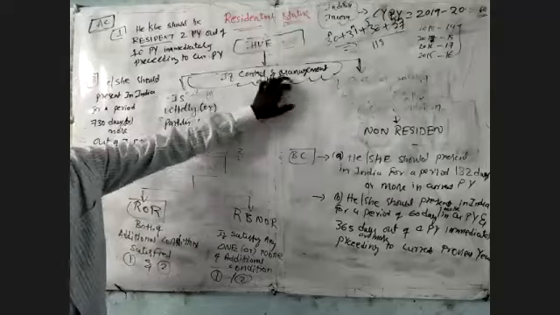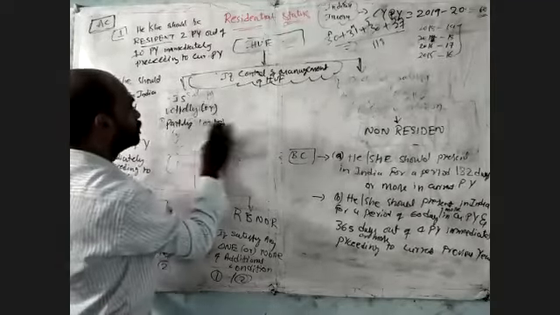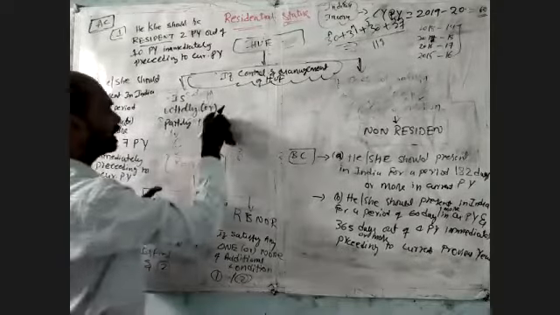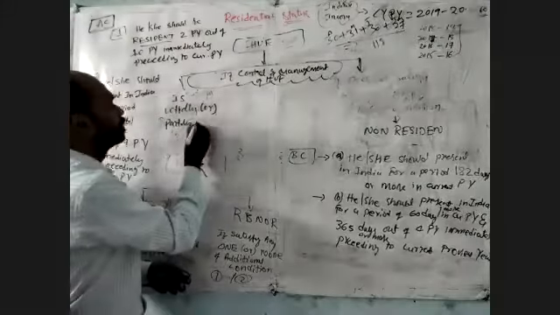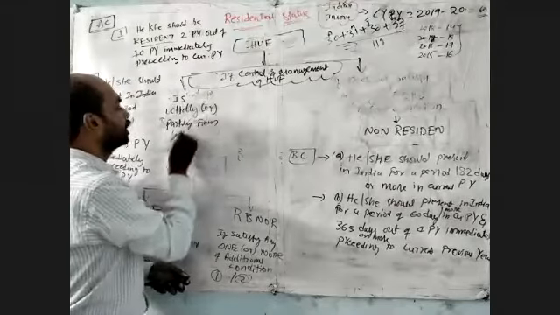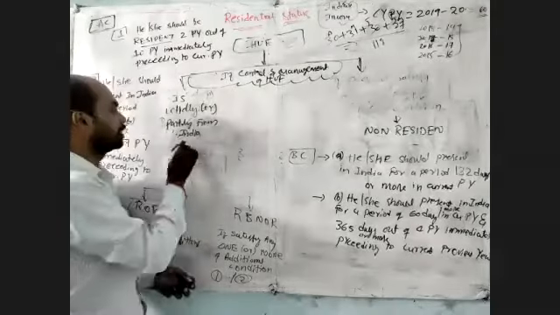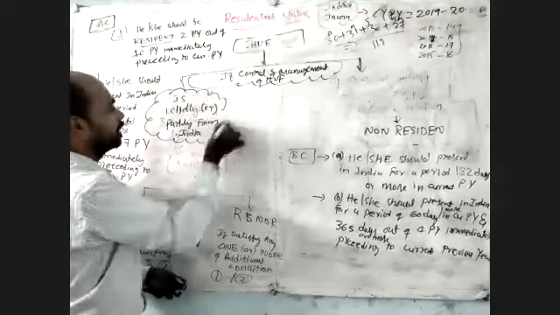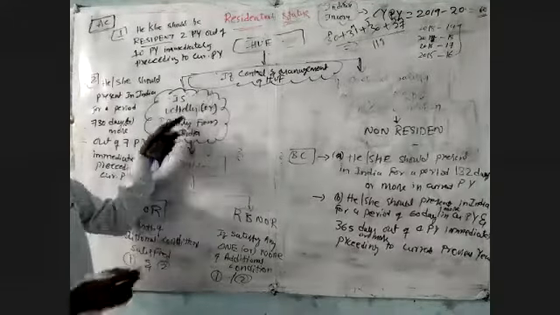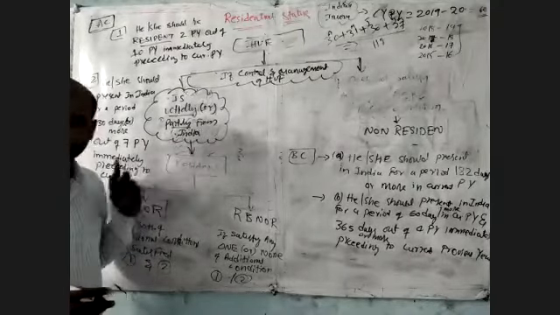Control and management of HUF is wholly or partly from India means key decisions relating to management are taking place from India. Then HUF will become resident. If control and management is either wholly or partly from India, it will become resident.